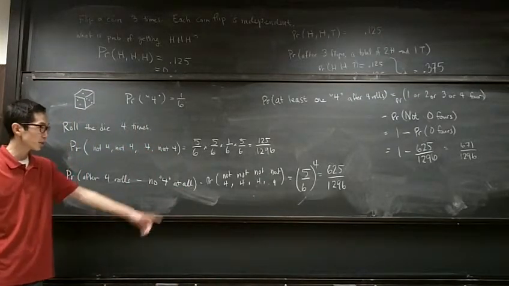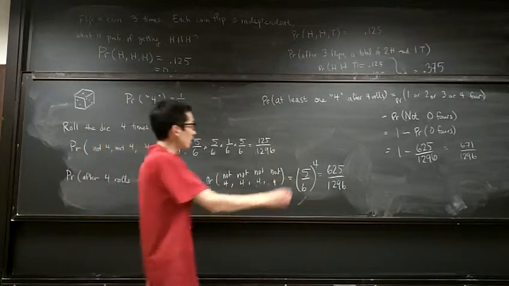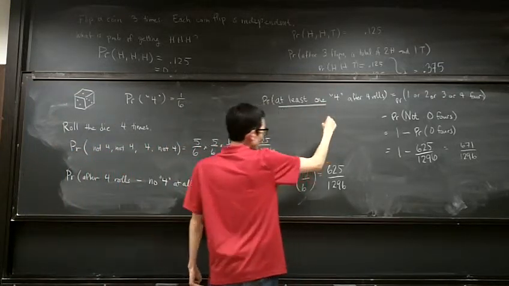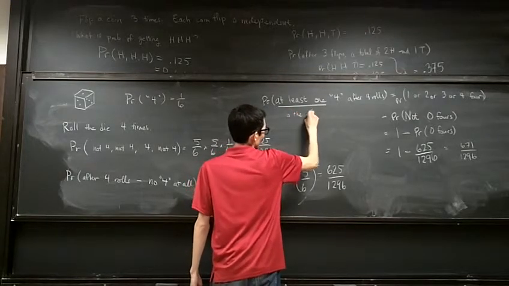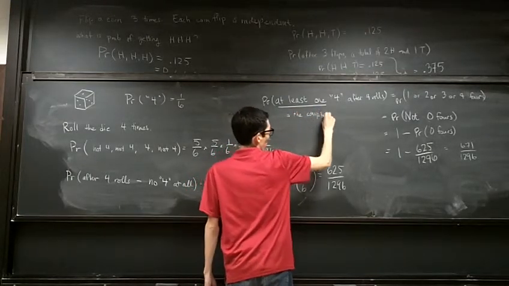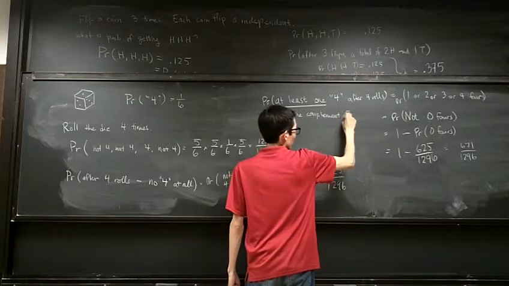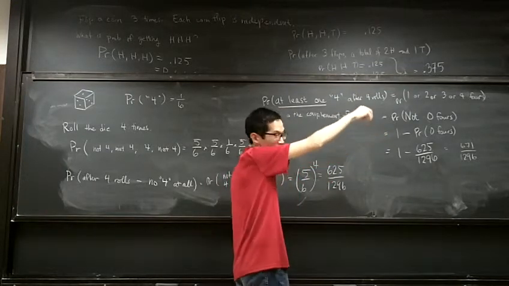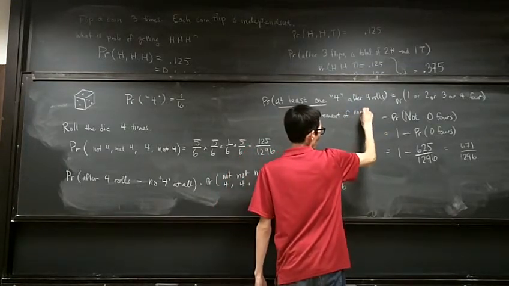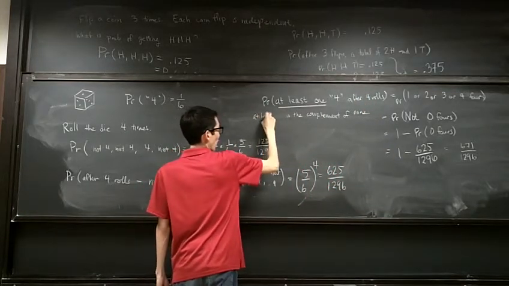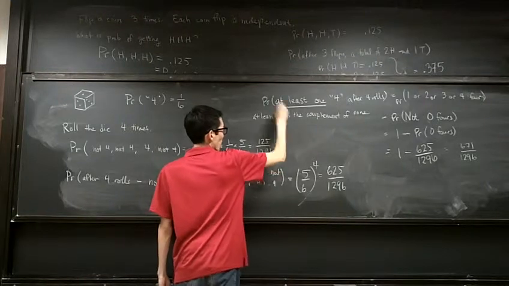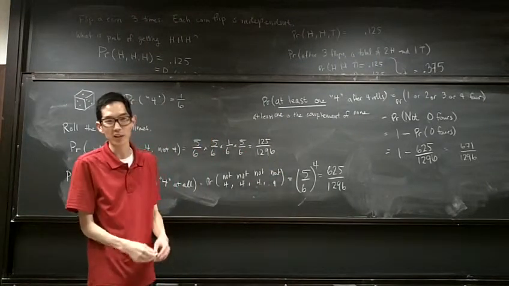Alright, so the key here is whenever you see at least one something, it is the complement of none of that thing. So at least one is the complement of none.